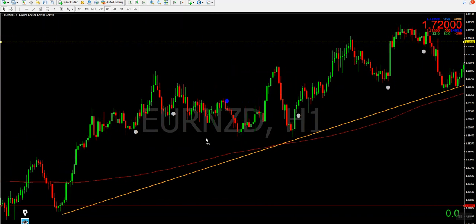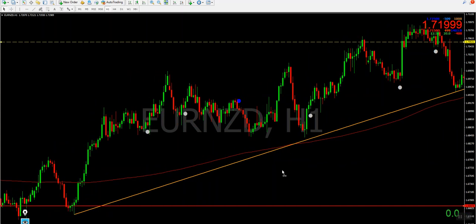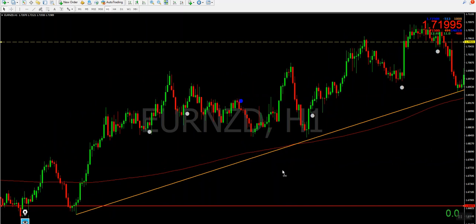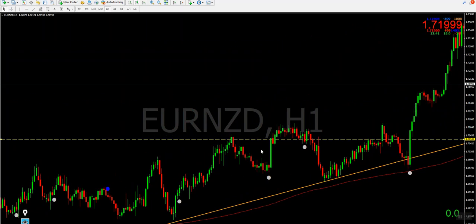However, what would be even better is when the price or the alert is still close to the trend line and the moving average. Rather, let's put it differently, have a preference for trades close to the moving average and the trend line as opposed to the ones that are far.